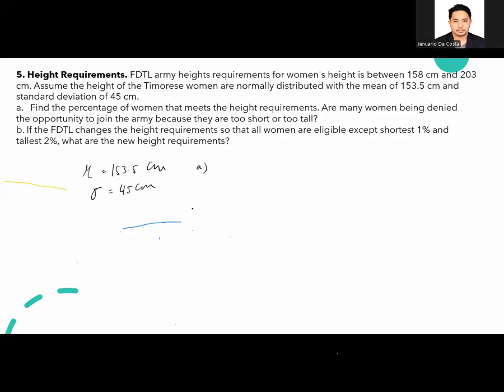Okay, how do you find that? Let's say the height requirement is between 158 and 203 centimeters. This is the height requirement, yeah?